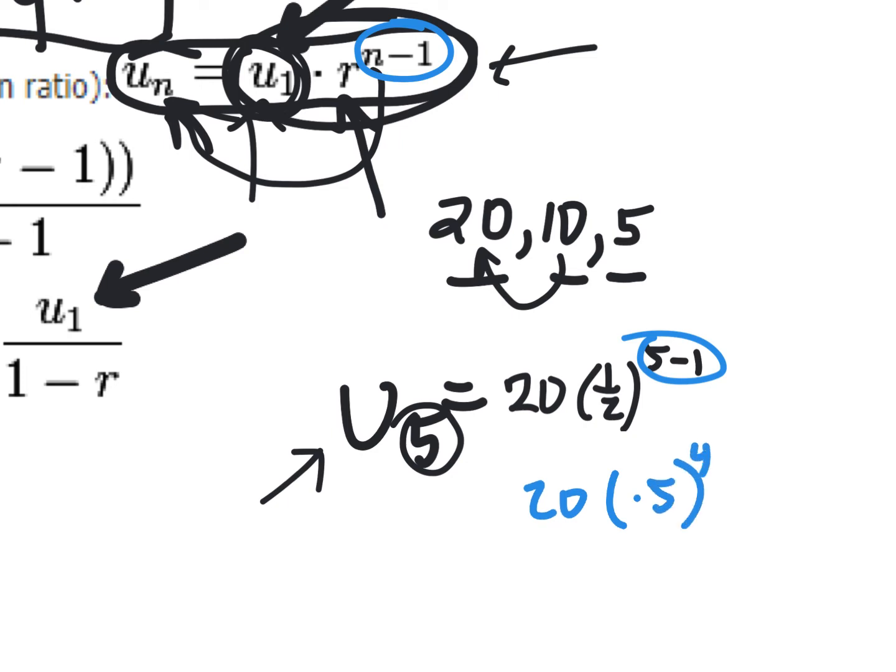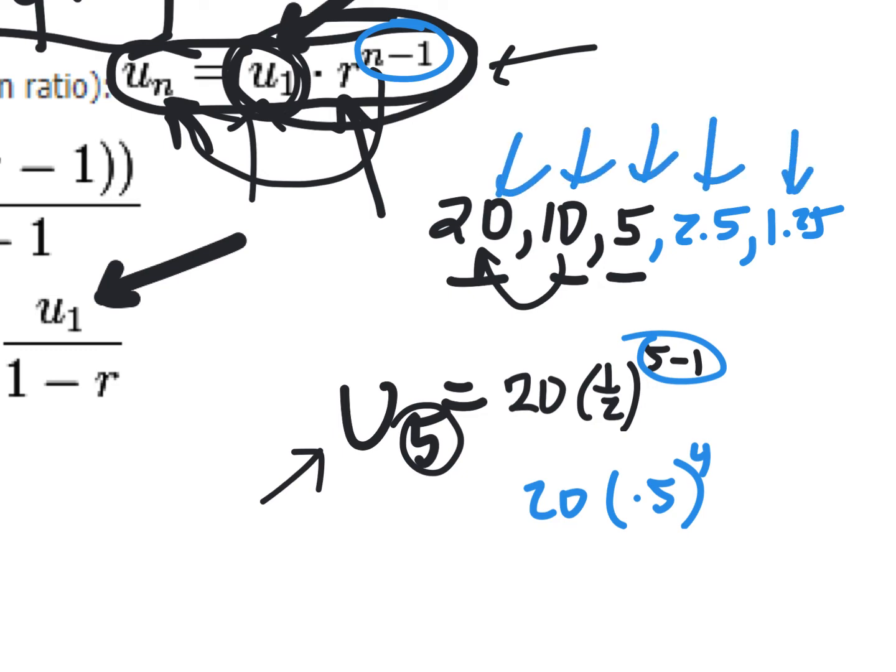Just a second for my calculator. And I got 1.25. I hope that matches up with what you got for the fifth term. I think I could have done this one in my head, because I'm just cutting things in half. Half of $2.50 is $1.25. There we go. First, second, third, fourth, fifth term.